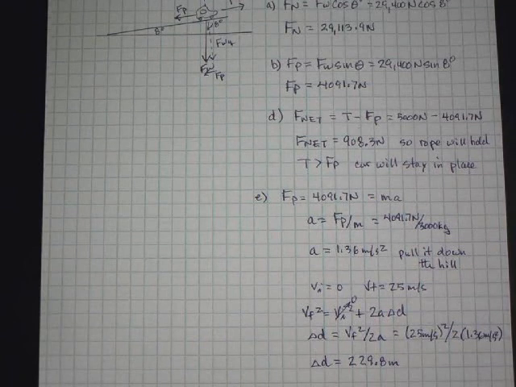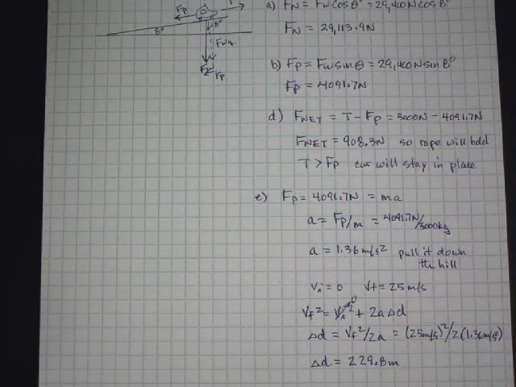So if the rope breaks, the car starts rolling down the hill and accelerates at 1.36 meters per second squared. It'll cover about 230 meters by the time it's going 25 meters per second.